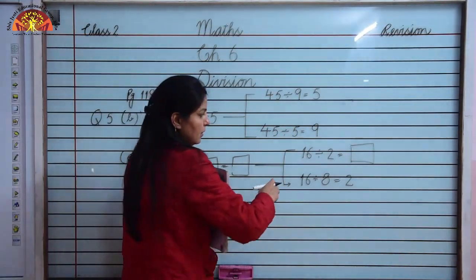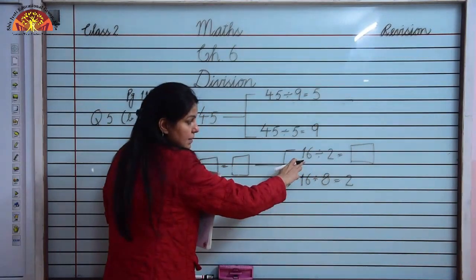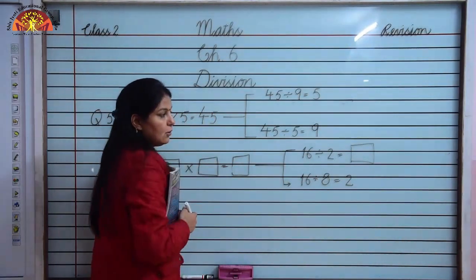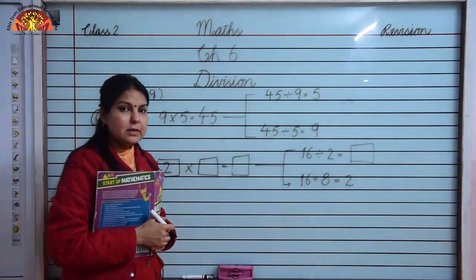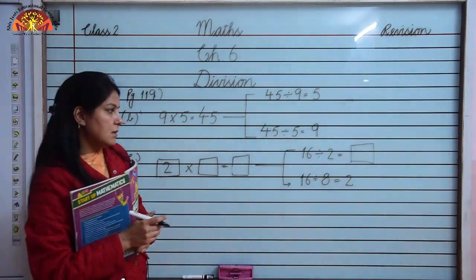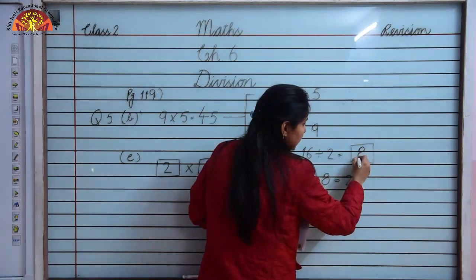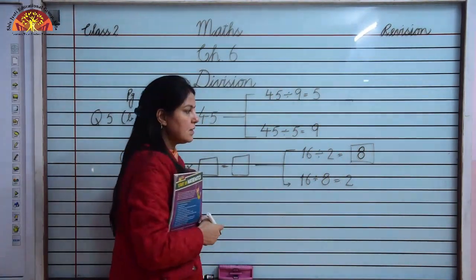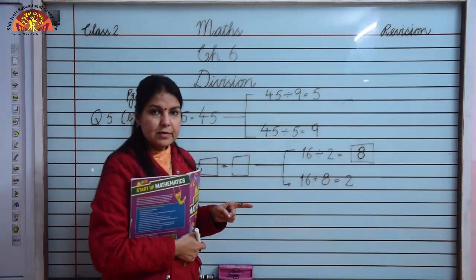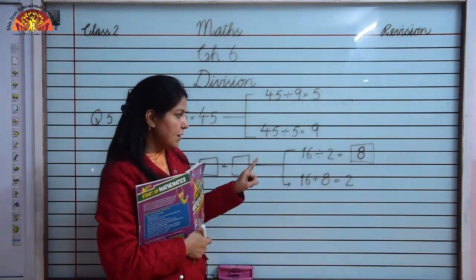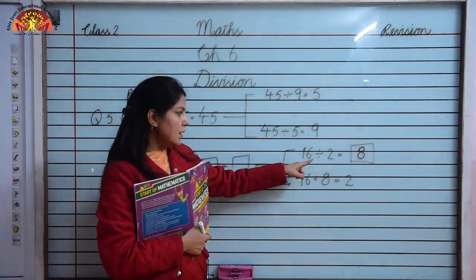So here, when we will divide 16 by 2, so how many times 16 will come in table of 2? It will come 8 times. 2 1s are 2, 2 2s are 4, 2 3s are 6, 2 4s are 8, 2 5s are 10, 2 6s are 12, 2 7s are 14 and 2 8s are 16.